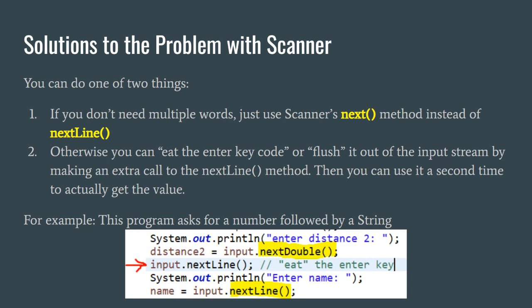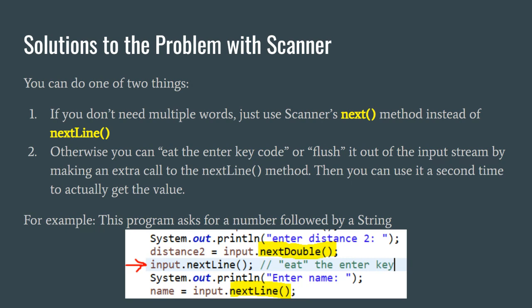At the bottom here, we're asking for a number. It happens to be a double, could be an integer, but you call nextDouble, and then that red arrow points to the thing that I just added to eat the enter key. You can see that it doesn't store it in a variable or anything, it just flushes it out. Then the enter key's gone, and you can go ahead and read the name in using nextLine.